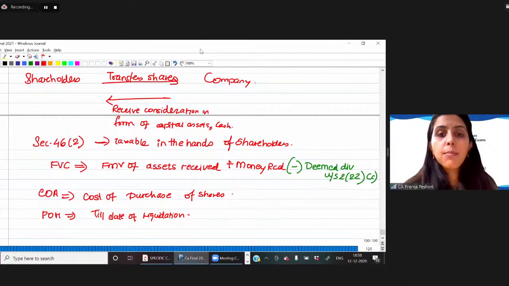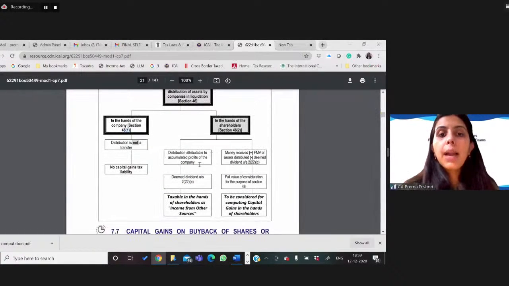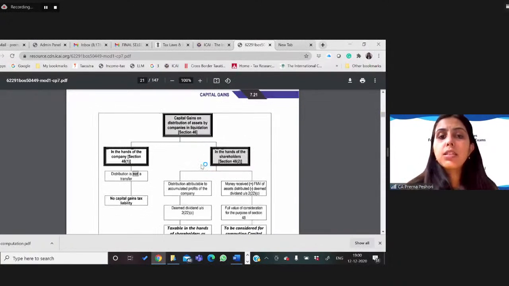Shall I give you the sum in respect of this? Let me try to give you a sum and let's see if you can answer. First, we'll revise it with a chart quickly. So this is the chart of it. Capital gain on distribution of assets by the companies in liquidation, in the hands of the company, section 46(1): distribution is not a transfer.